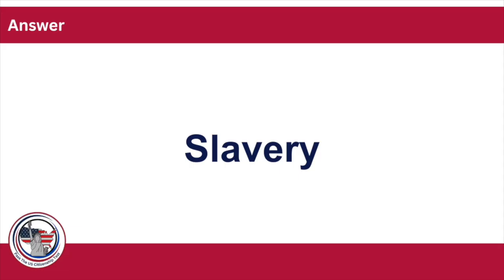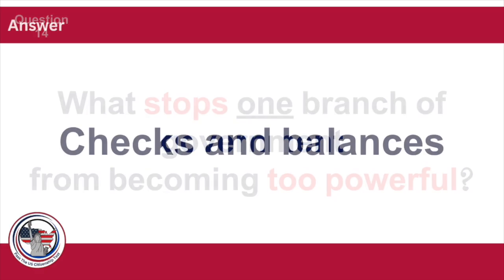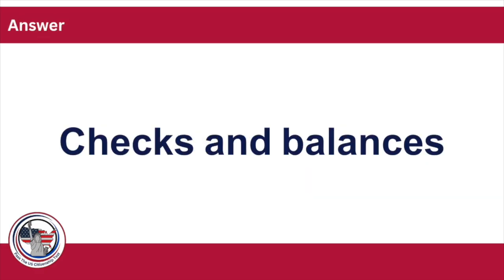Slavery. What stops one branch of government from becoming too powerful? Checks and balances.